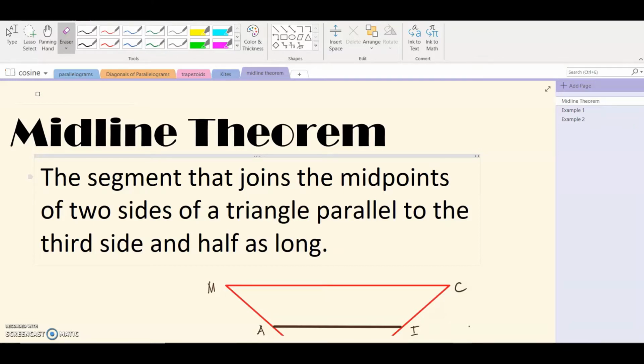So, this is a segment that joins the midpoints of two sides of a triangle, parallel to the third side and half as long.